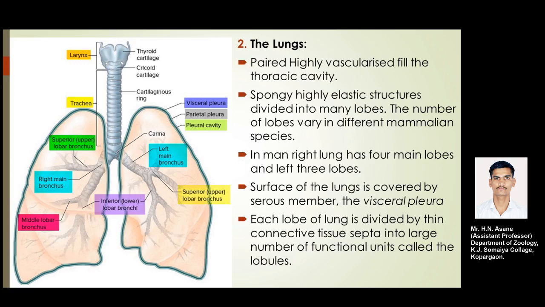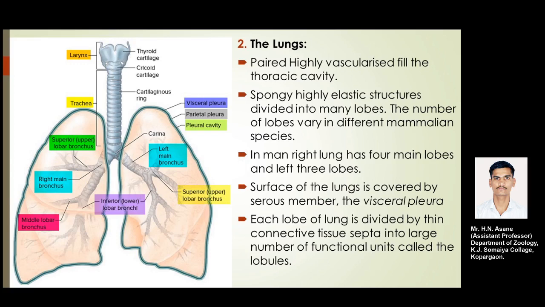As you can see, the lobes of the lungs are divided: four lobes on the right side and three lobes on the left side. The two main bronchi, the left main bronchus and the right main bronchus, further divide into sub-branches.